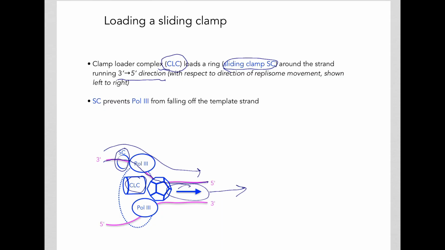Now, why do we need a sliding clamp? The sliding clamp will help DNA polymerase 3 stay on the template strand. As the polymerase moves and copies the template strand, it will not fall off. So this SC prevents polymerase from falling off the template strand as the polymerase activity continues.